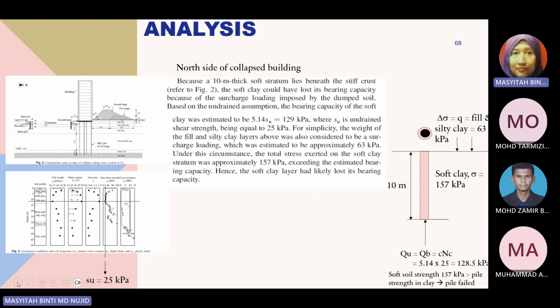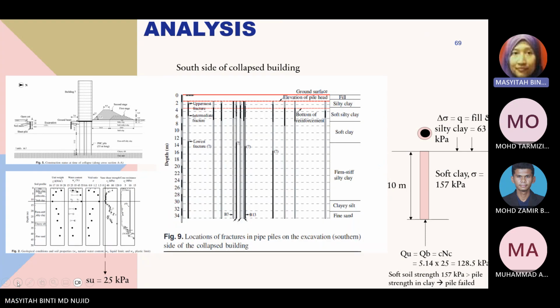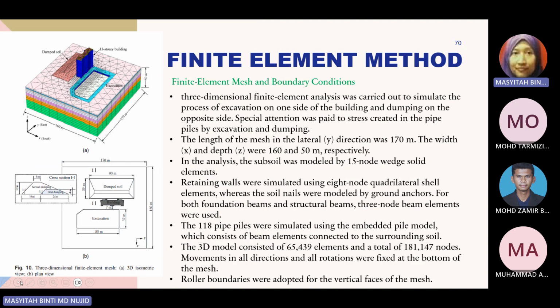Okay, this one is similar. From here, it just shows you the locations of fracture in pipe piles on the excavation at the southern side of the collapsed building. This is the schematic image showing the positions of the pipe piles. And then again, for the simulations, the important thing for you to understand in the first part is the geometry model.